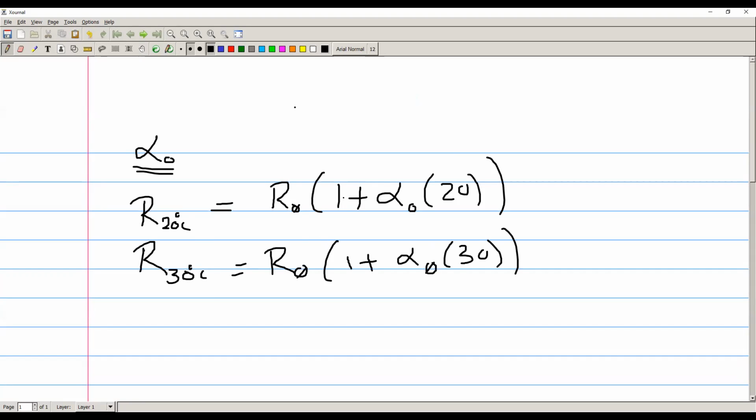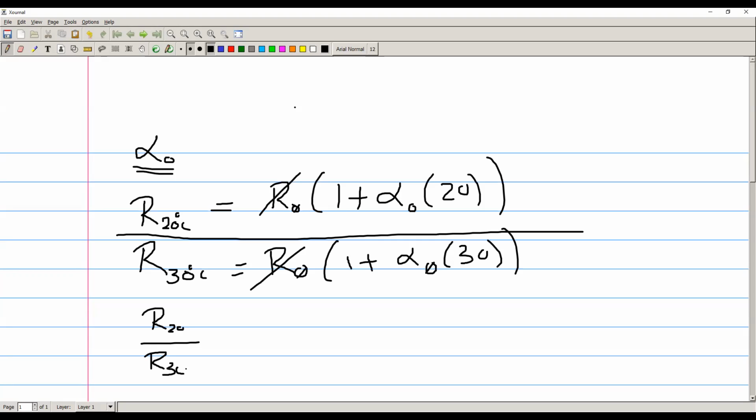If I divide these two equations, you're going to get rid of R0 from both sides. So R at 20 relative to R at 30 is equal to 1 plus alpha 0 times 20 over 1 plus alpha 0 times 30. Okay?